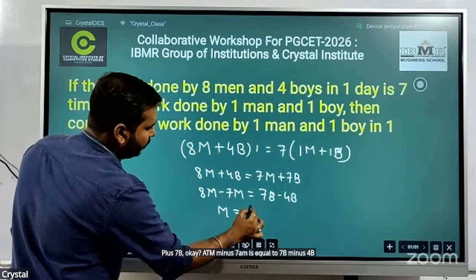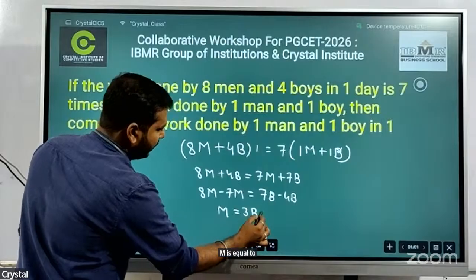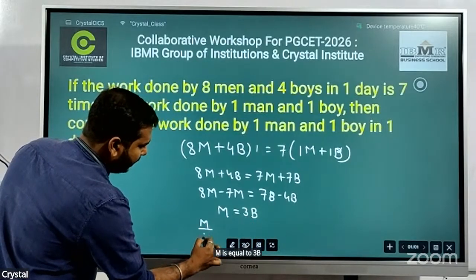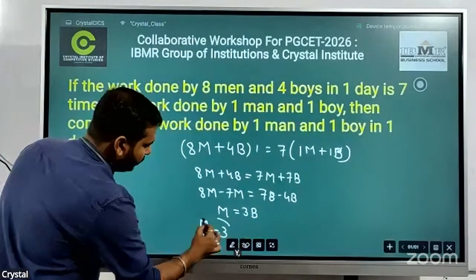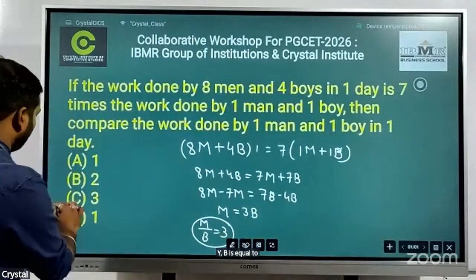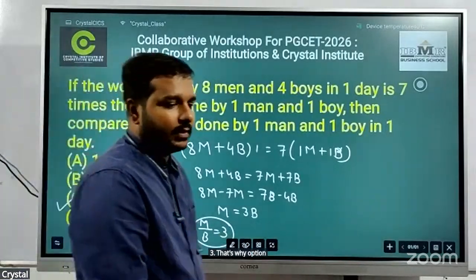M is equal to 3B. M by B is equal to 3. That's why option C, 3, is the correct answer.